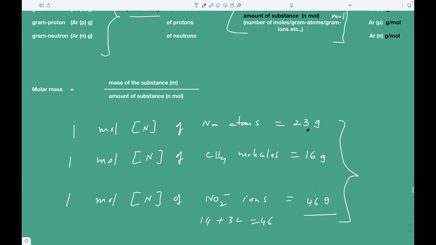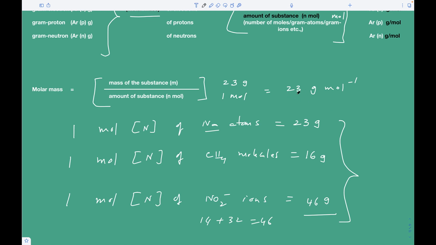So if you followed this, what I am saying is, if you took 1 mole of sodium, then its mass is equal to 23 grams. So now look at this ratio. If the amount of substance is 1 mole, then the mass of the substance is equal to 23 grams for sodium. So molar mass of sodium is equal to 23 gram per mole.